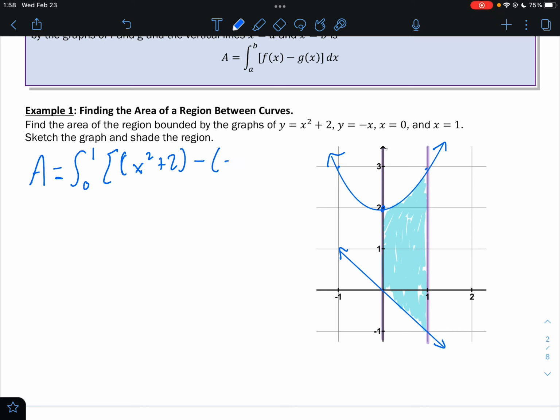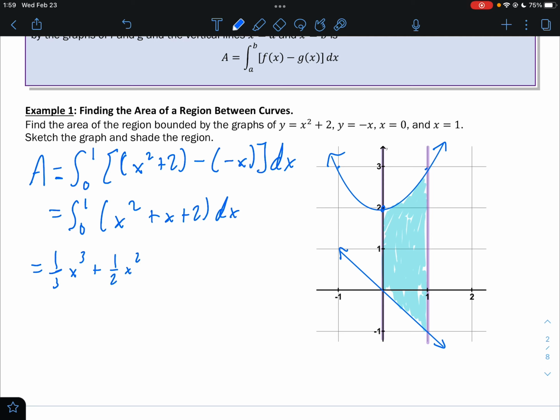The lower function here is negative x, all in big parentheses, dx. Okay, before we take the antiderivative, let's just simplify this a little bit. So it's the integral of x squared plus x plus 2 dx. And now we can take our antiderivative. So it's 1/3 x cubed plus 1/2 x squared plus 2x from 0 to 1.